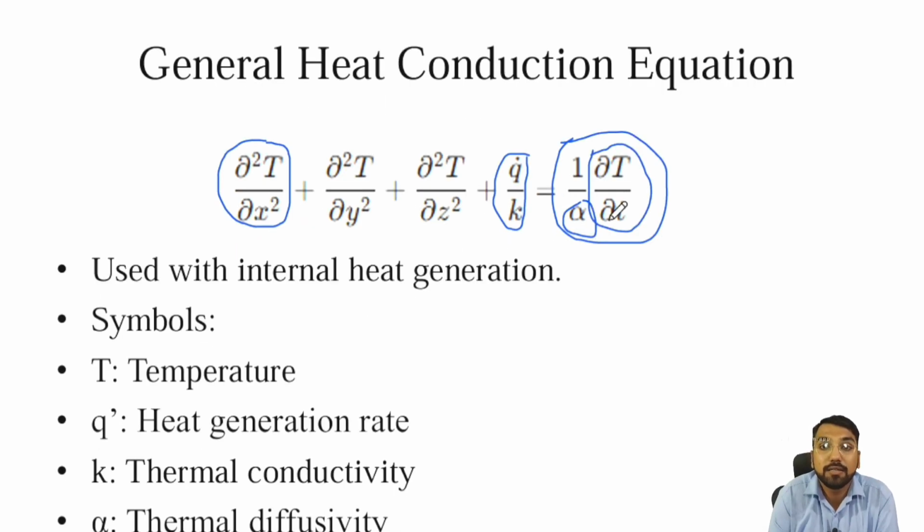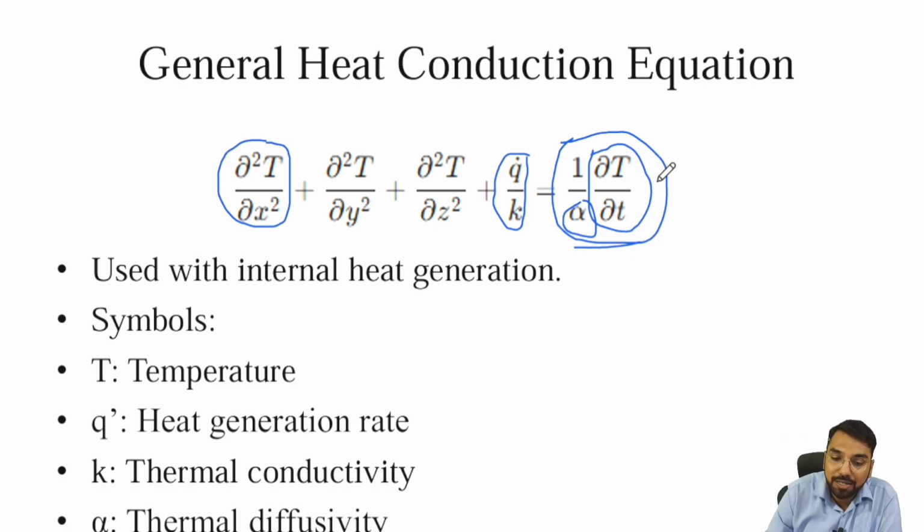This lecture's title is the one-dimensional steady state conduction equation. As I said before, in a steady state the time variation is equal to zero, and for a transient state this term will be present.